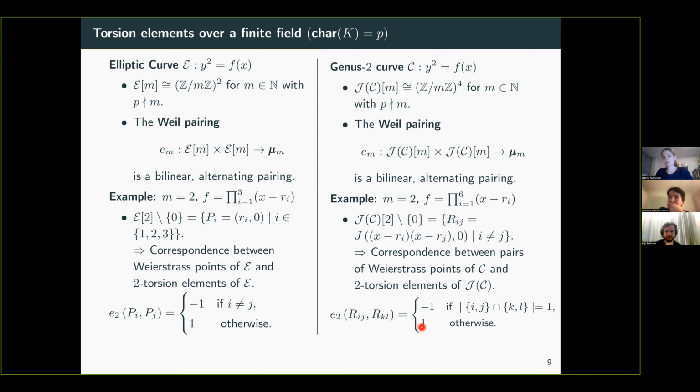There, the Weil pairing is -1 if the two torsion elements have a common point in their support. And if they don't have, that is, if IJ and KL are disjoint sets, then the Weil pairing is 1.